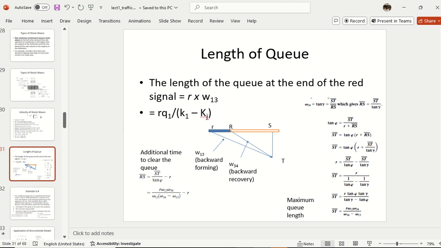W34 is also changed. So you can put R in hours here because everything is in miles per hour. When you get the answer, then you convert it back into seconds. And here everything is already in miles. Just convert the R into hours. Okay. And once you have the answer, you can convert ST back into feet.